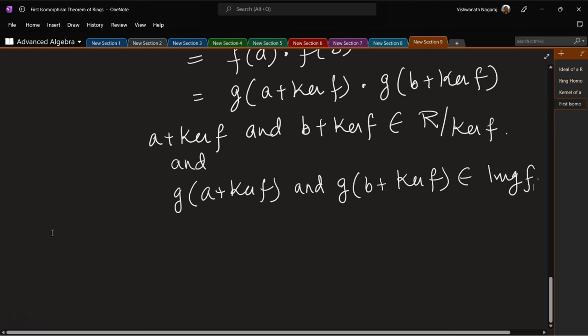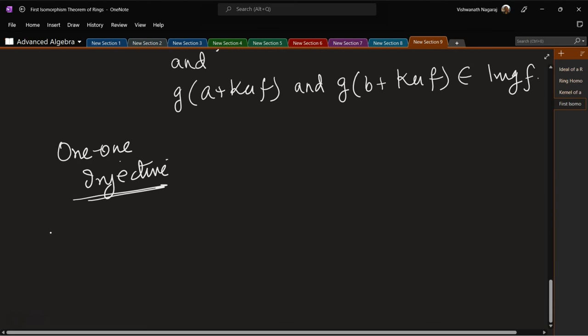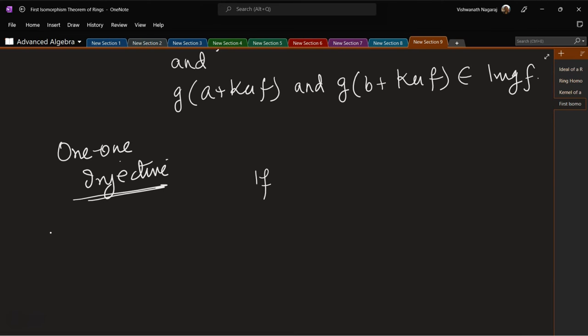The next thing we have to show is that it is one-to-one, or injective. We know the condition that if the kernel is trivial, then it is one-to-one.